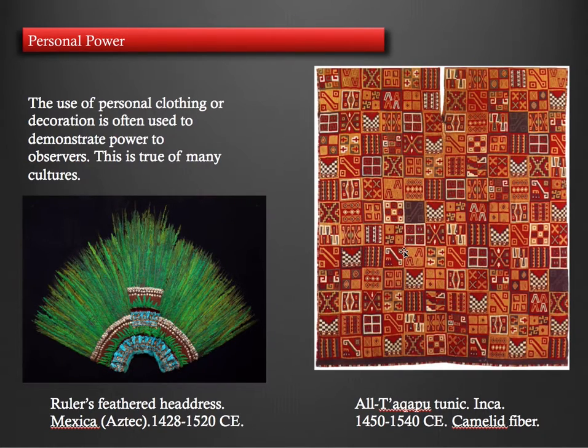Remember that on the Inca tunic, each one of these designs indicates a different job or position. So a person who would have worn this tunic shows that they are over all people in all positions. This was a piece of clothing that indicated someone's powerful status. The feathered headdress indicates a powerful status based on the fact that it's made of the feathers of the quetzal bird, which took a lot of feathers, so it was highly valued.